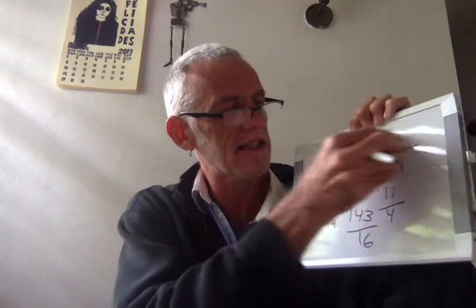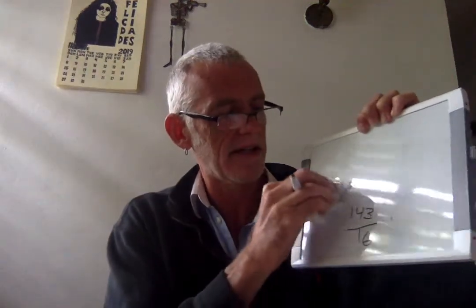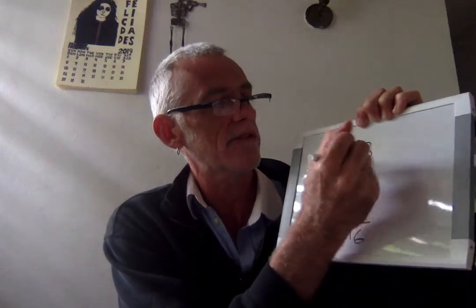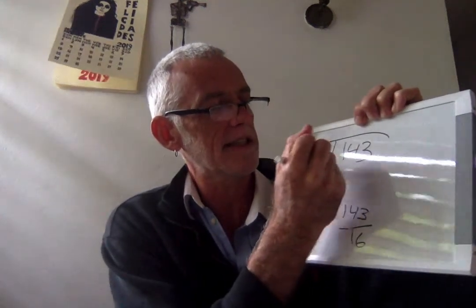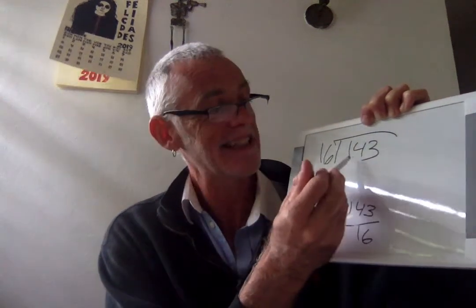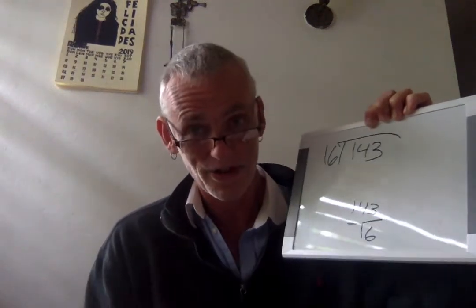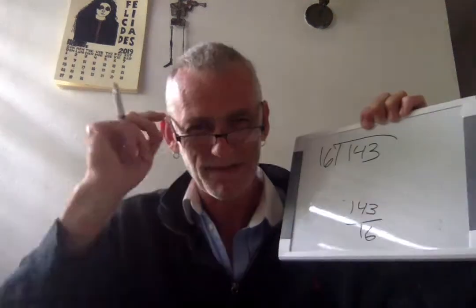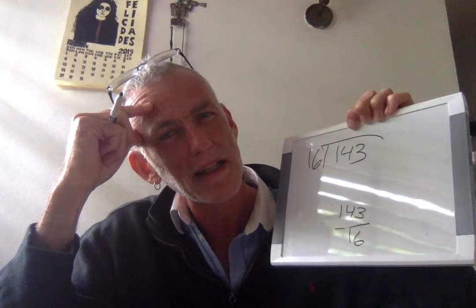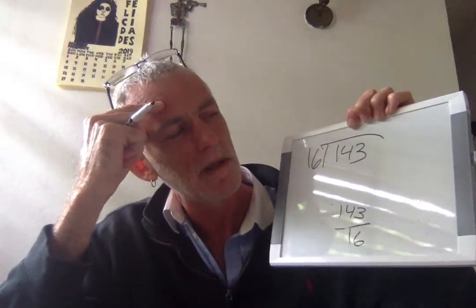Let's do some division. I'm not even going to try to do that in my head. It will hurt my brain if I try to do that. 143 divided by 16. 16 doesn't go into 1. 16 doesn't go into 14. 16 goes into 143 how many times? Boy, 8 times 16 is 8 times 10, 80, plus 48, 128.